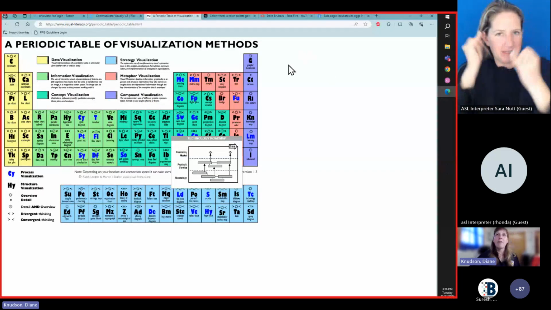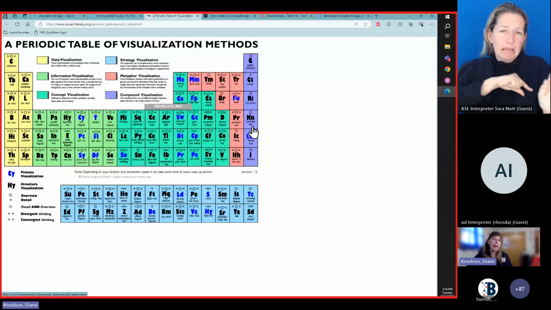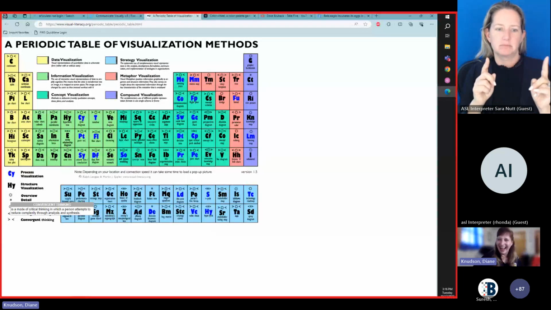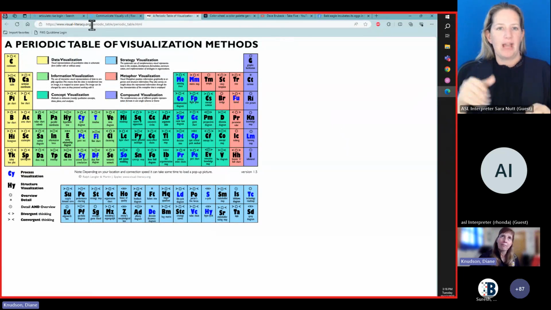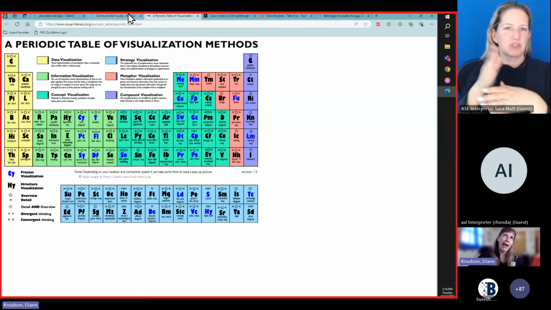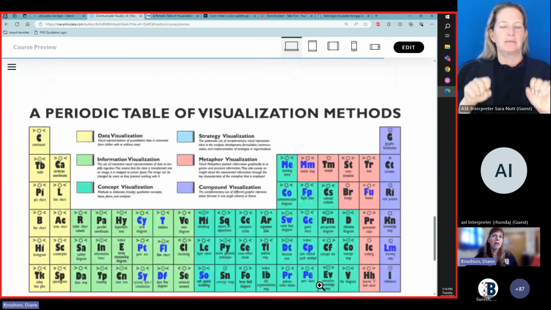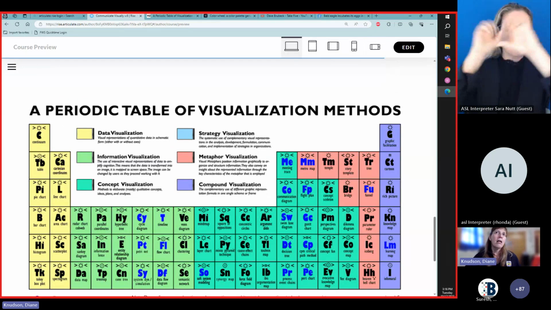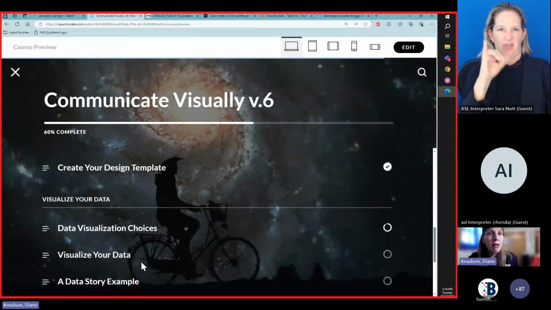Granted, for some of them the quality isn't quite as good as others, but they make up for it in sheer volume. So again, you will get access to this URL as well. That will give you some ideas on how you can visualize your data. I just thought that was one of the coolest things ever.